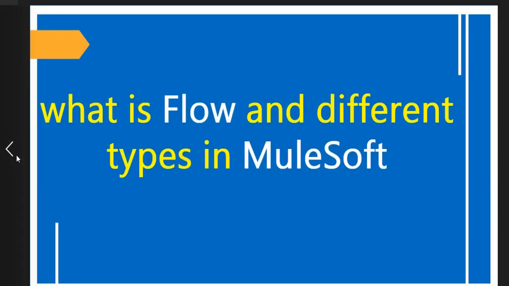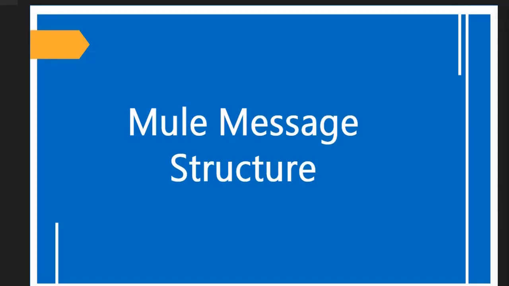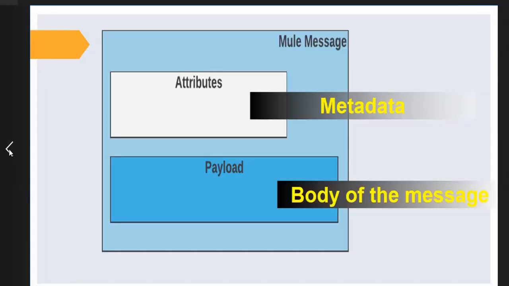Now this is particularly related to Mulesoft. I will explain the flows and the different flow types once we start practice using Anypoint Studio and all. Okay, let's come to this section again once we start the practice, the Mule message structure and everything.